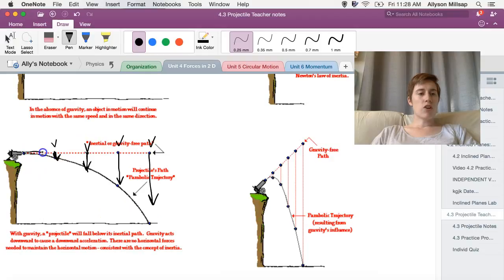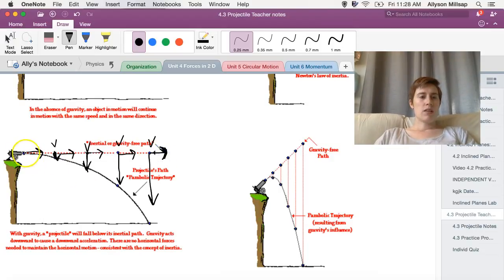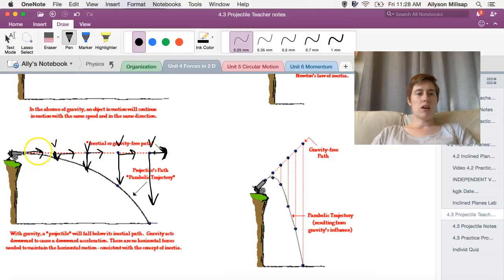The speed in this direction is still the same because there is no force acting on it in the left or rightward direction. There's no acceleration in the left or rightward direction. So the forward speed is the same, and the downward speed is increasing due to gravity.